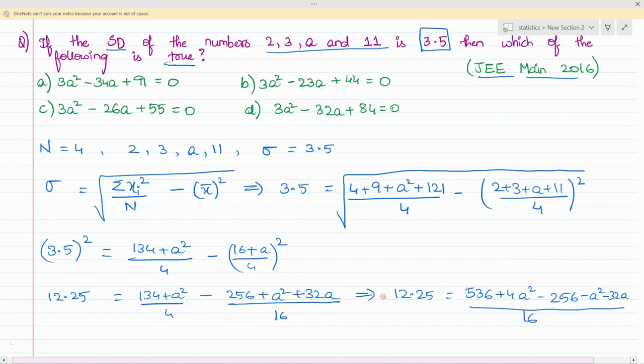When you multiply this, you will get 196 is equal to 3a square minus 32a minus 280. From here we'll get 3a square minus 32a, sorry, it is plus 280, and we'll get plus 84 is equal to 0. So option D is the required answer to this question.